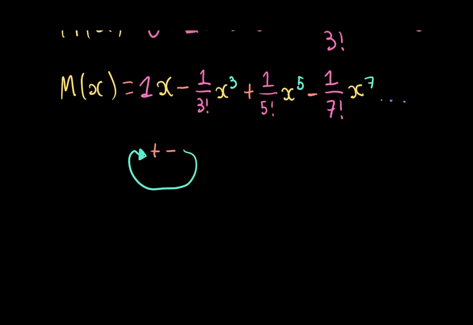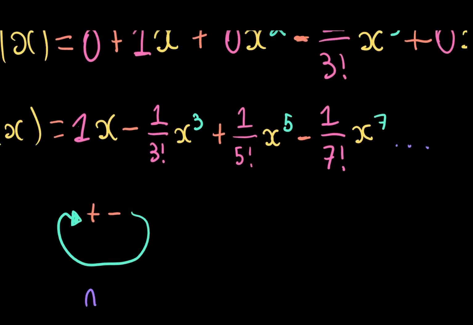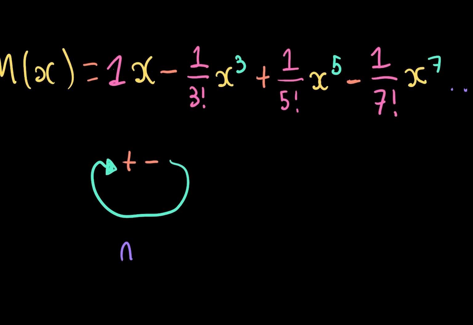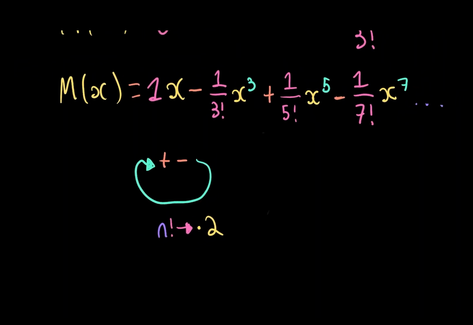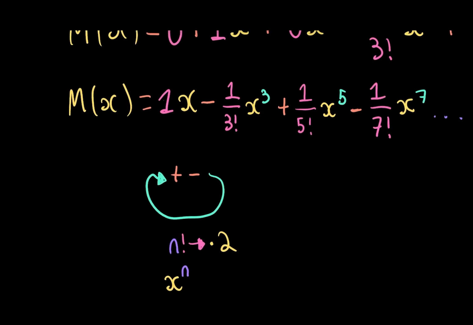So let's write n factorial, which is just like the bottom here, because it changes all the time, so let's just use a variable. n factorial increases by 2. And then the same thing with the exponent. So x, whatever you have at the top here, increases by 2 every time.